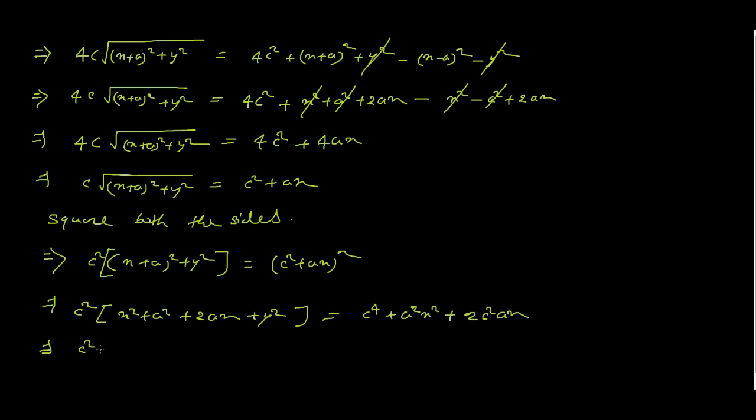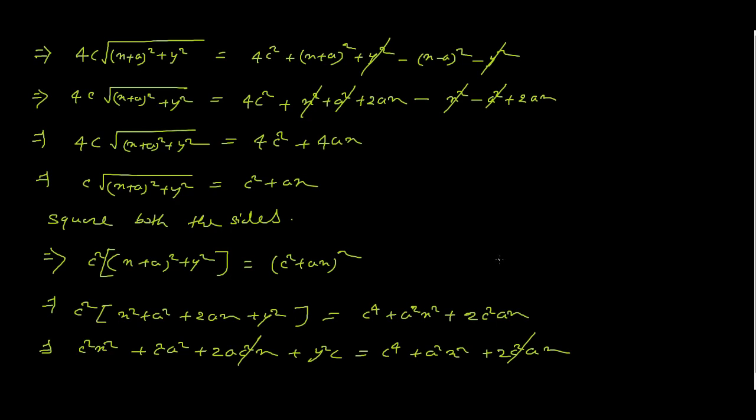This implies c square x square plus c square a square plus 2ac square x plus c square y square is equal to c to the power 4 plus a square x square plus 2c square ax. 2c square ax, 2c square ax will get cancelled, and nothing will cancel else, right?